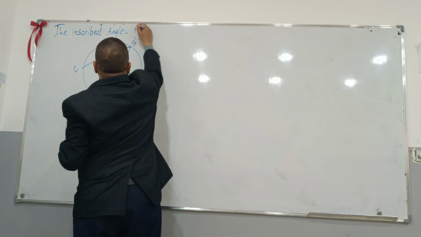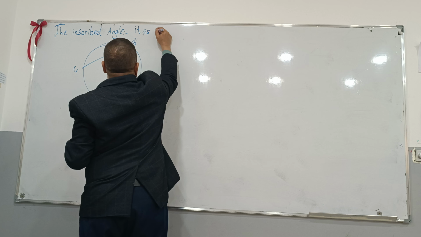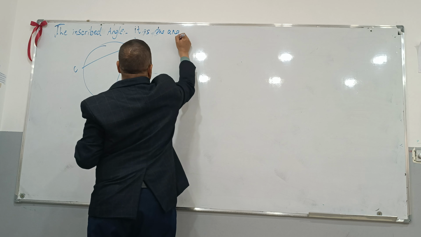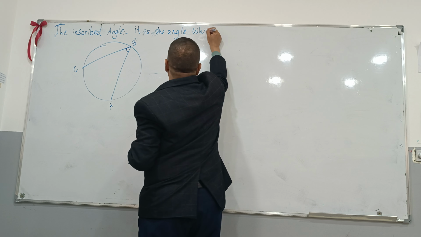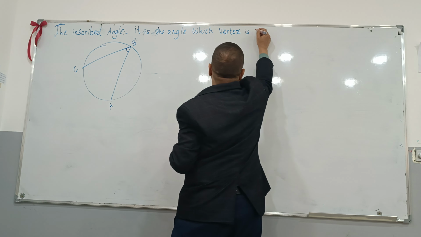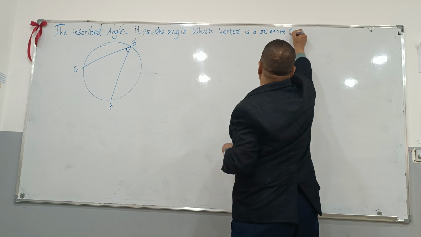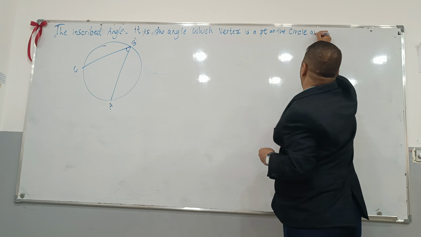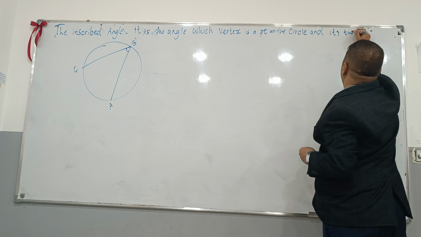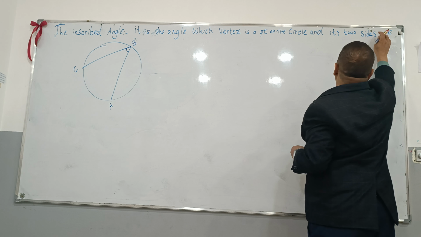It is the angle whose vertex is a point on the circle, and its two sides are two legs.